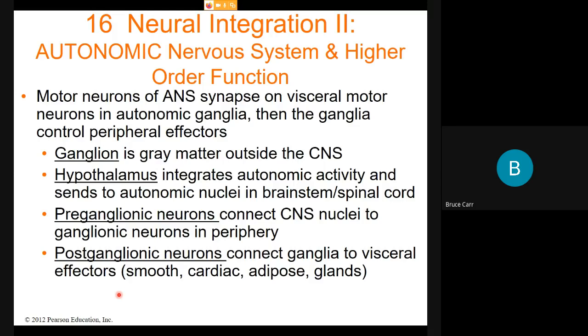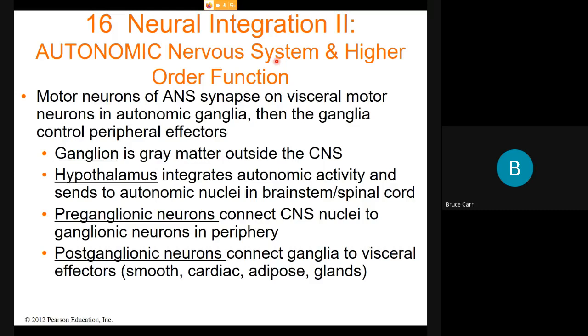Chapter 16, neural integration 2, focuses on the right side of that original diagram, the autonomic nervous system, and also the real discussion points when we talk about the brain and spinal cord.